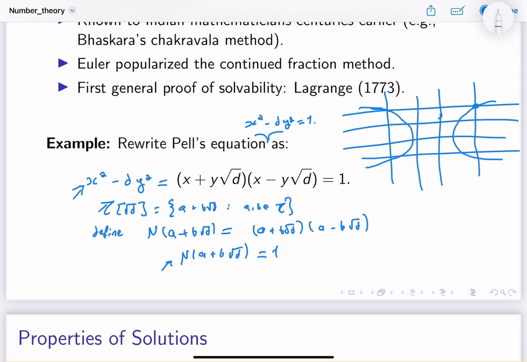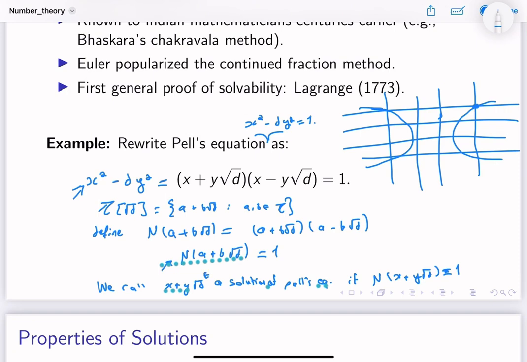With a slight abuse of notation, we call x plus y square root of d a solution of Pell's equation if the norm of that element is 1. So this is an element of Z[square root of d].